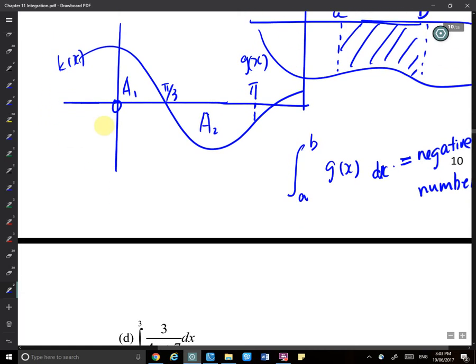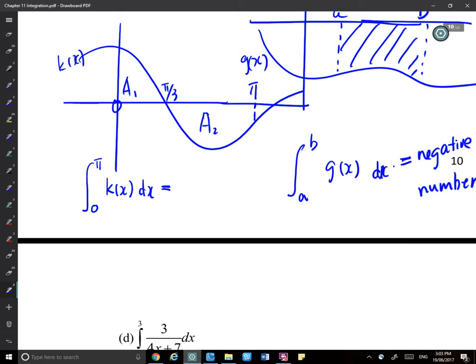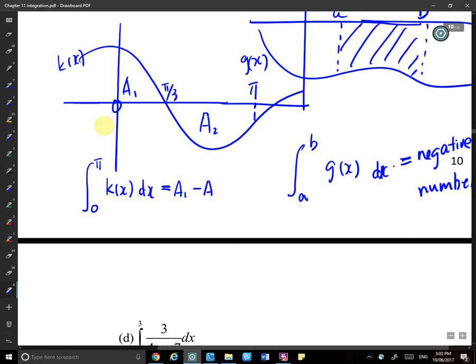If I integrate from 0 to pi, from the lowest to highest, k(x) dx, what value can I have? I won't have A1 plus A2. What I will have is A1 minus the area of A2.